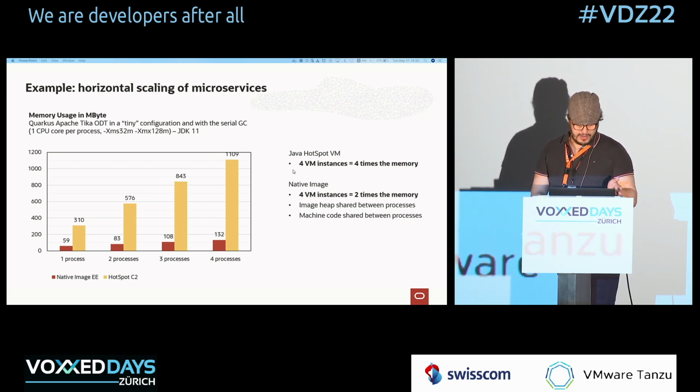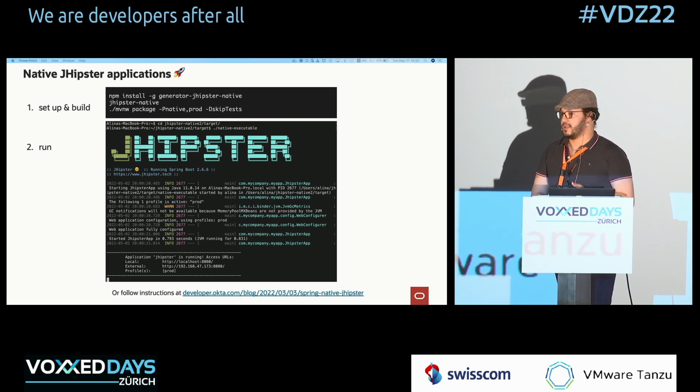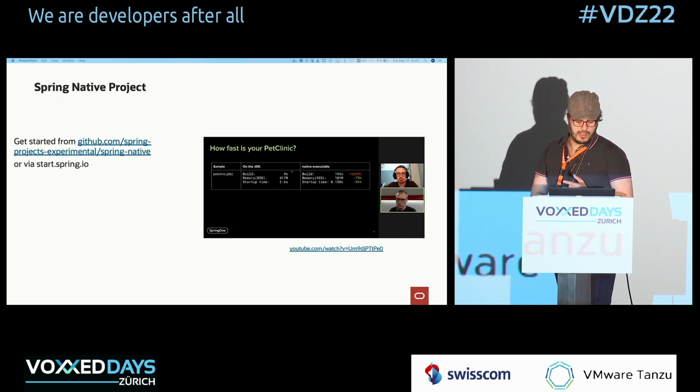So there are some examples of small applications running in native image and HotSpot. Maybe you'll get slides later and you can look at those references. Other frameworks have started to adopt native image. Helidon is also now able to run with native image. The same for one of the most famous frameworks.